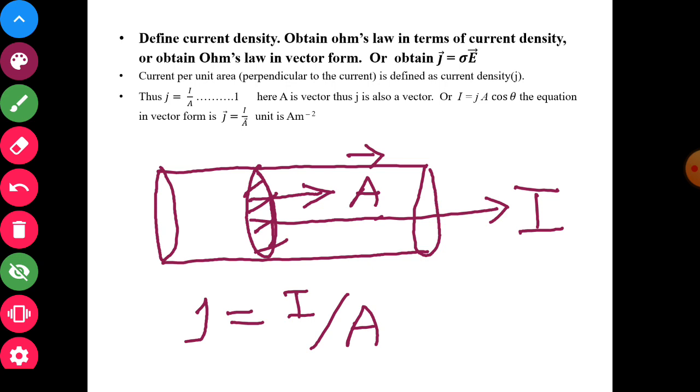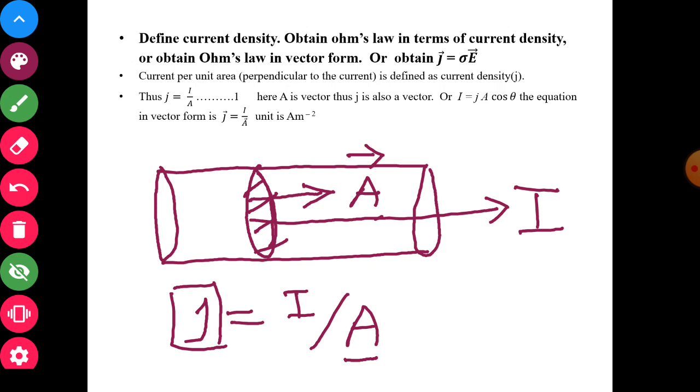Charge is scalar, time is scalar, so electric current is a scalar quantity. But here area is a vector quantity, therefore this current density J becomes a vector quantity.